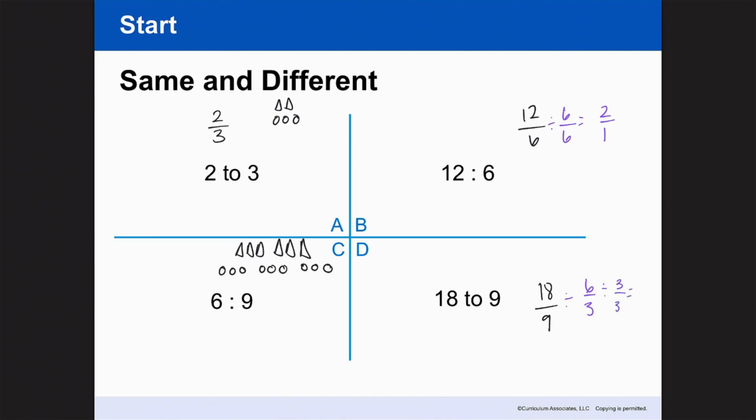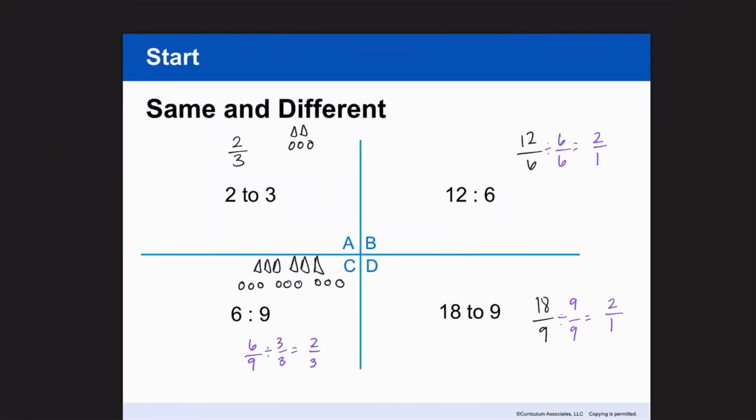Actually, let's just start off with the biggest value here. The greatest factor that we have here is 9. So that can also be 2 to 1. And then 6 to 9 we can also do by 3s, which is 2 to 3. Okay.